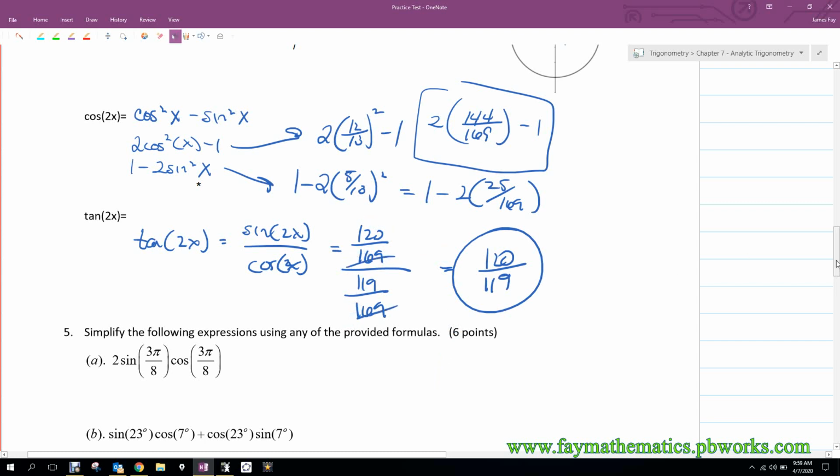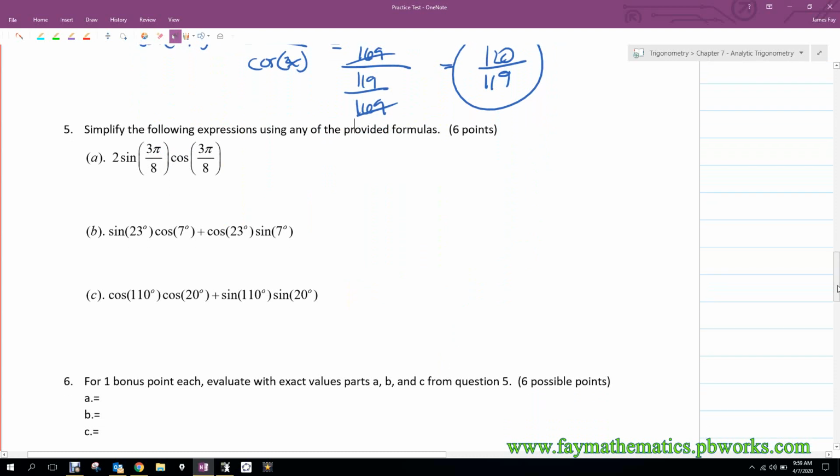Next one, simplify the following expression. So this is just looking and seeing which formula this looks like. Okay, so this is of this formula here. And matching that up, that is a double angle formula, so that's the sine of 2x. That there is then your x.